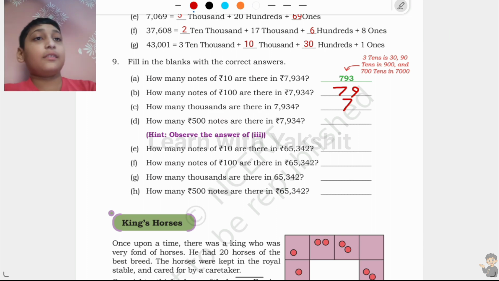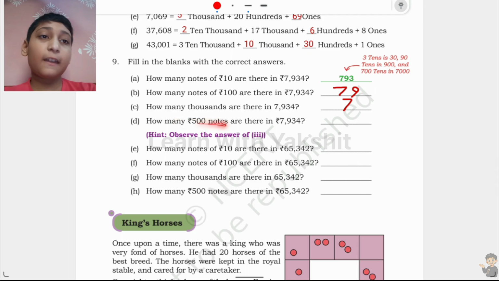Now here gets a little complicated. How many 500 notes are there in that number? Now it's saying hint, observe the answer of 3, meaning the C answer.